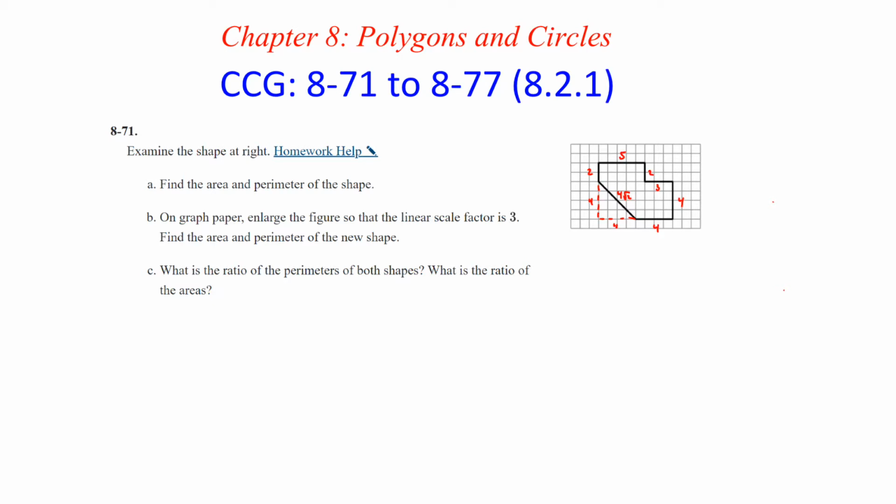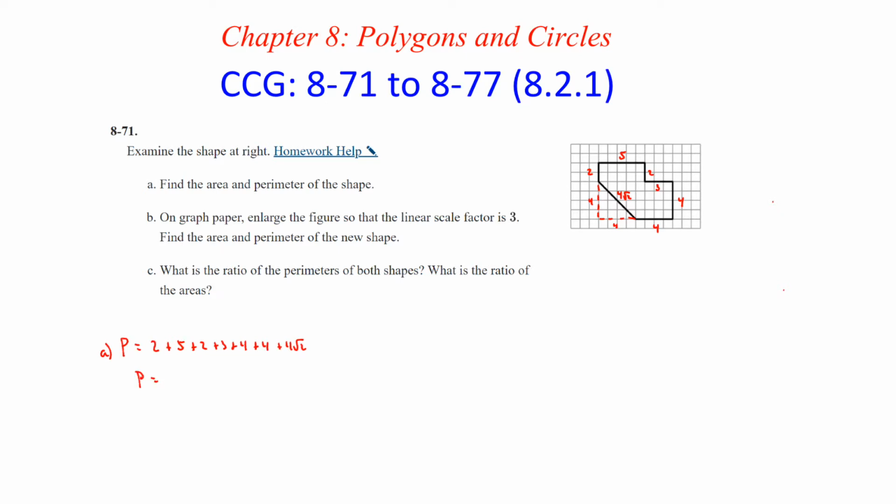And so now we can go ahead and find the perimeter, which is part A. We'll just take all those side lengths and add them up. We start with the left 2 and then go clockwise. 2 plus 5 plus 2 plus 3 plus 4 plus 4 plus 4 square roots of 2.